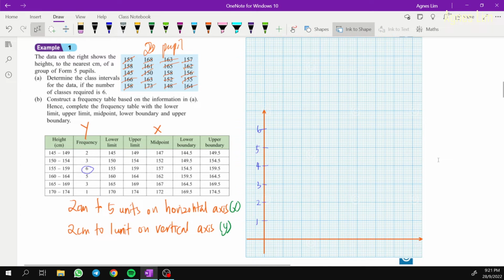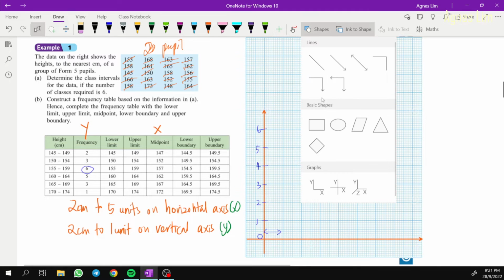That's why you use pencil, so that you can erase. Okay, and then 0 here. Sorry, not there. Okay, so like just now, we are going to have a space in between the y-axis and the first bar of histogram.